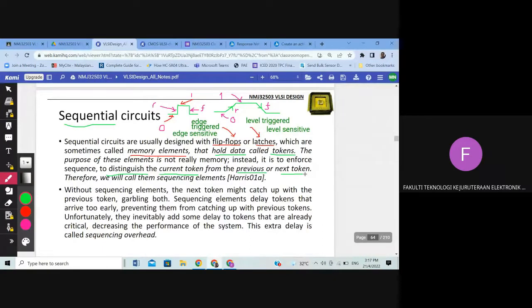What is a sequential element and what are the tokens? What is the previous, the next, and also the current token, and how the sequential element prevents the data from catching up with it, so that we don't miss the data.